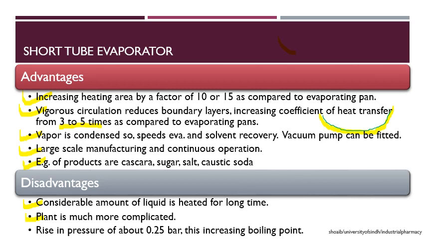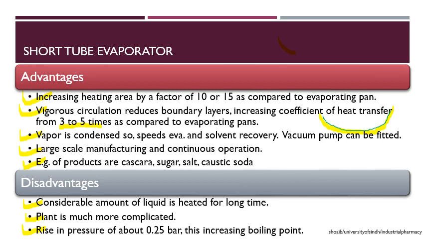Of course, 1,000 tubes may be present in equipment that has a 2.5 meter diameter. So the cleaning and maintenance of the equipment will be difficult, and the plant will be more complicated. The final disadvantage is the rise in pressure of about 0.25 bar, which increases the boiling point.